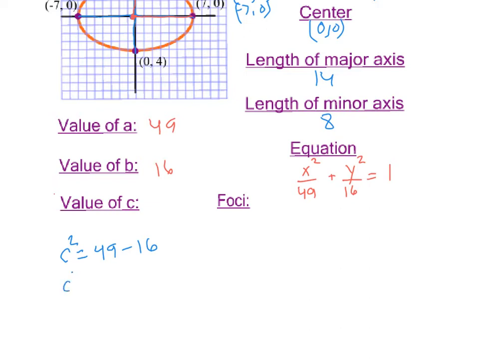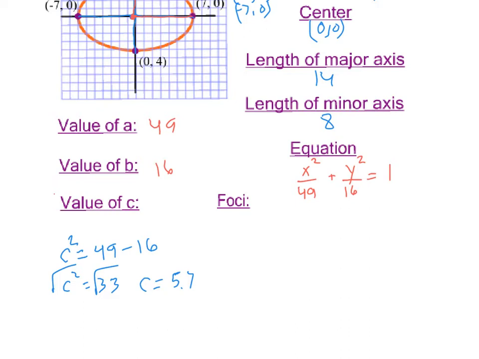And so C squared is going to be 33, and then we have to square root both sides to get C. So that is 5.7, and that's not the best number, but we can find our foci now.